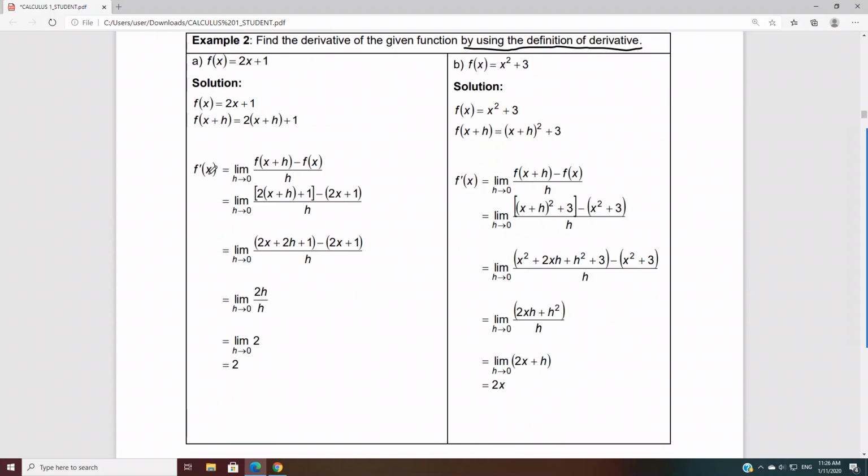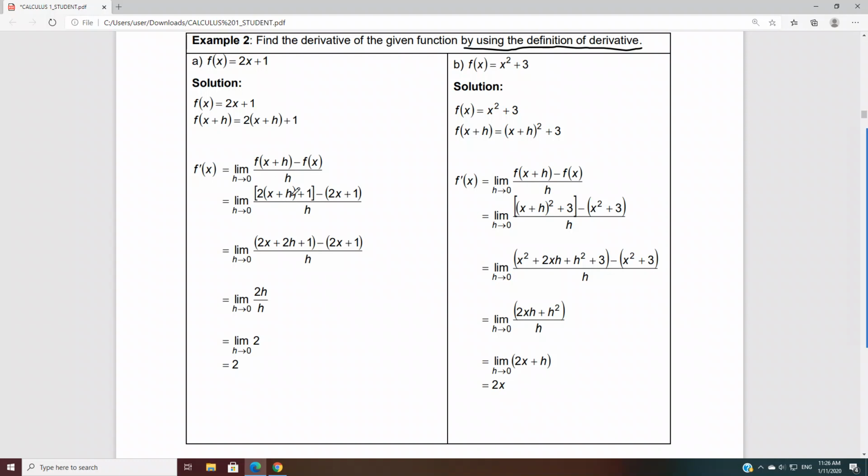Okay, so f prime x, which is the derivative of f of x, equals limit h tends to 0 of f of x plus h minus f of x over h. So limit h tends to 0 of 2 times x plus h plus 1 minus 2x plus 1 over h.